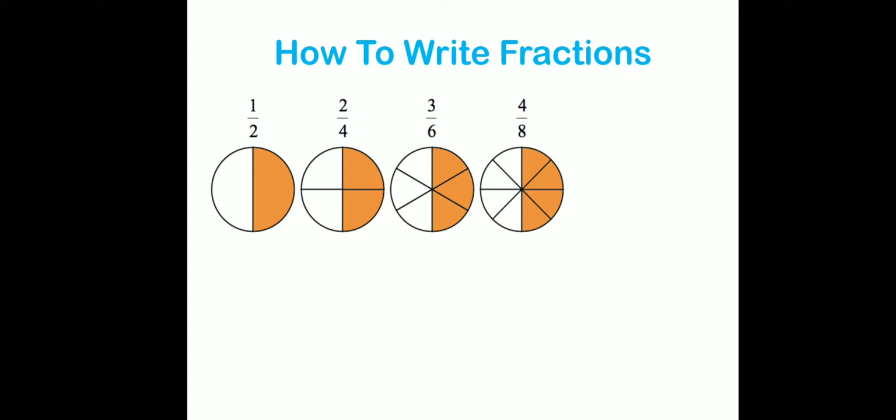Exactly, the orange part is the shaded part of the circle. And in the second circle, what can you see? Yes, there are 4 equal parts. I'm mentioning the word equal because it is important while studying fractions. Equal parts. And 2 of the equal parts are shaded. Okay, so this will be a fraction because the parts are equal.